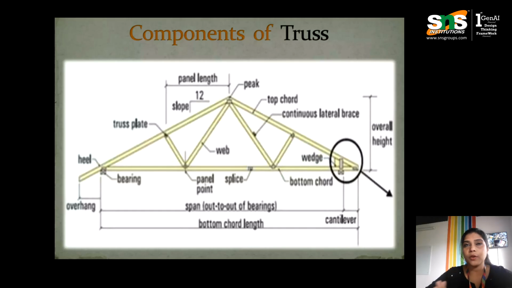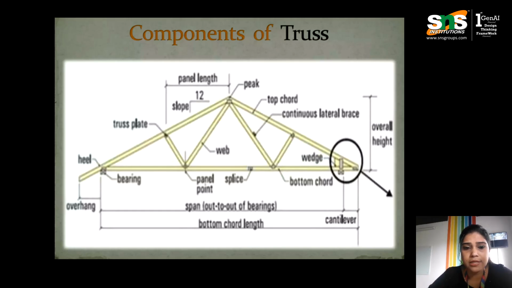In the bottom you can see the bottom chord. The bottom chord is always in tension, and it is the lower member that forms the base of the truss, which supports ceiling loads and resists tension.